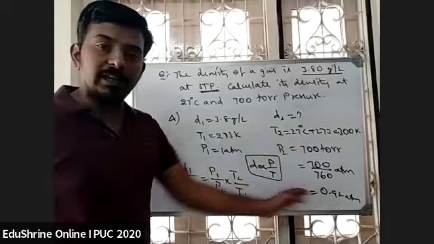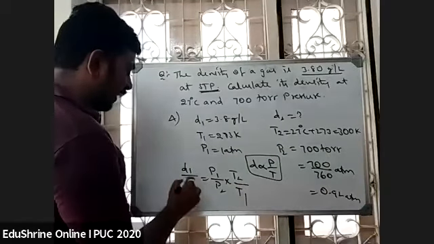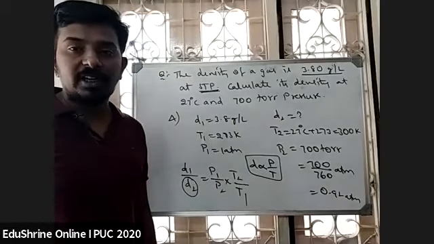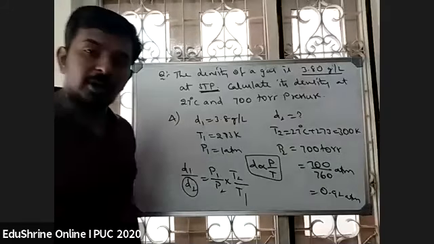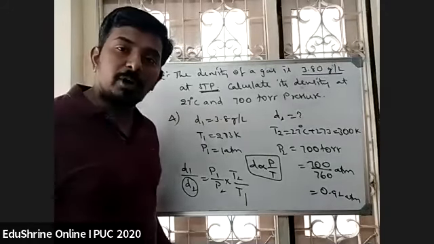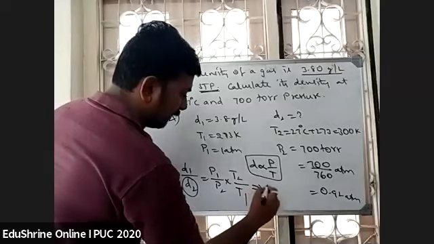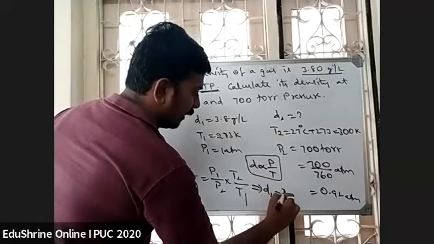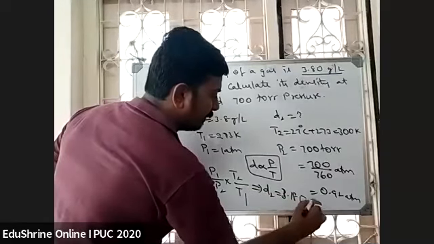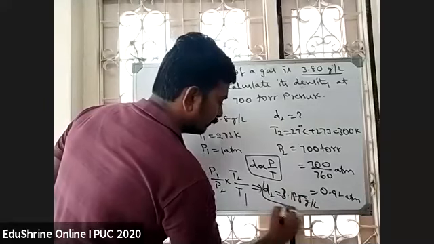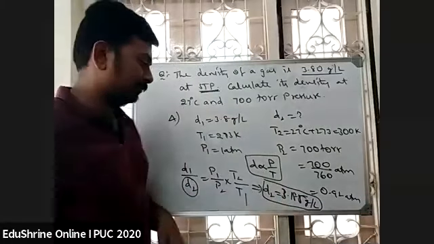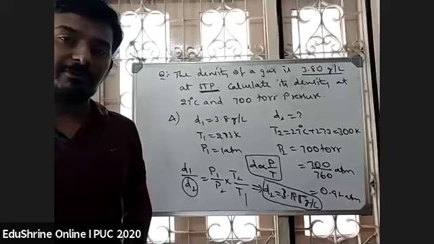All the values you have here, substitute and you will get the value of D2. So the correct answer is 3.185 gram per liter, students.